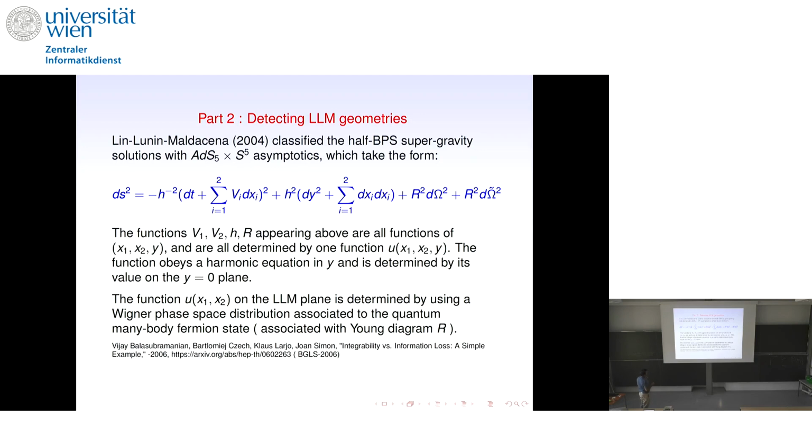All these functions are determined by one function, u, of 3 variables, which is determined by its value on the y equals 0 plane. And this value on the plane is itself related to a Wigner phase space distribution associated to the quantum many-body fermion state. This was all explained in this paper of Balasubramanian et al. in 2006.